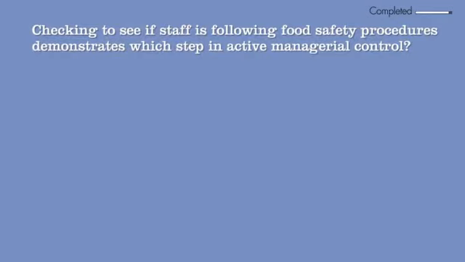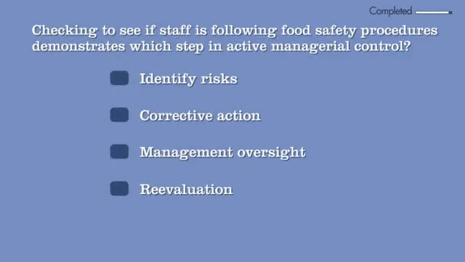A supervisor who walks around the operation to see if staff is following food safety procedures is demonstrating which step in active managerial control? Yep. Management oversight means verifying that your staff is following all policies, procedures, and corrective actions.